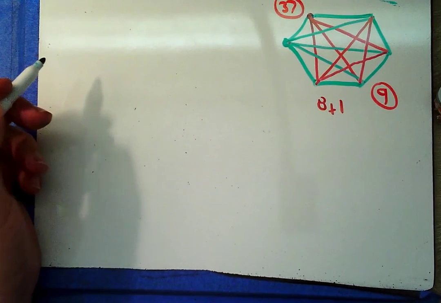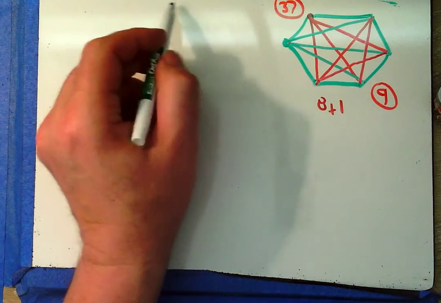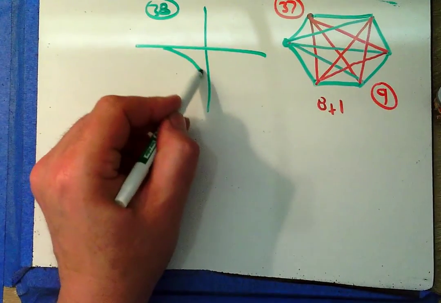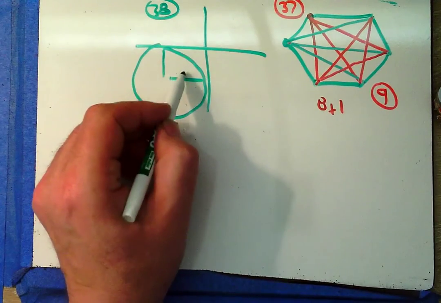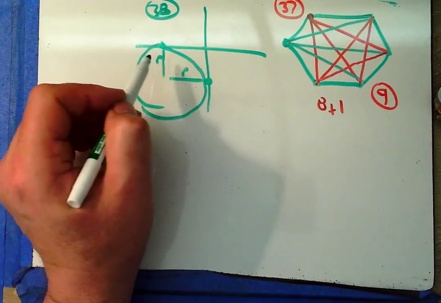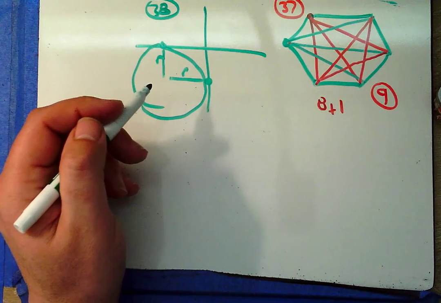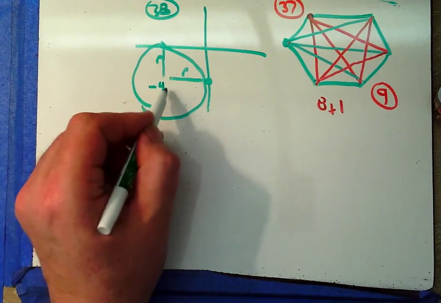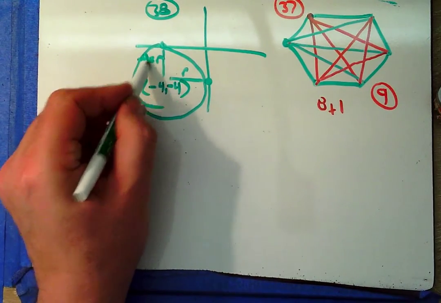Okay, circle tangent to both the x and y axis lies in third quadrant. So if I'm thinking about third quadrant and tangent to both of these, I need this radius to bring me right here. Okay, so which does that? Well, I notice that the center for each of these is -4, -4. That must mean I went 4 down and 4 over.